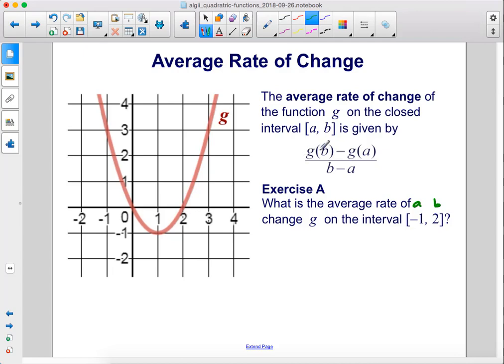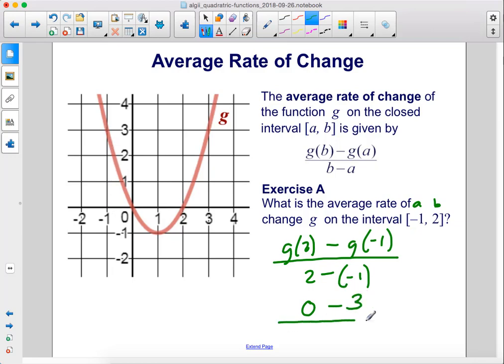So we're going to do g of b, so g of 2 minus g of -1 divided by 2 minus -1. So g of 2 is 0 minus g of -1, which is 3, divided by 2 plus 1, which is 3. So -3 over 3 equals -1.